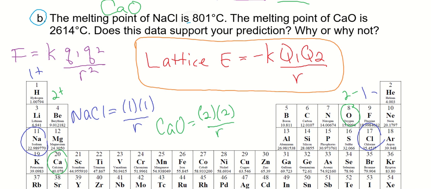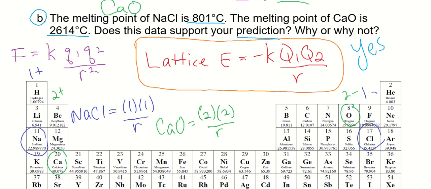Part B says the melting point of sodium chloride is 800 degrees Celsius and calcium oxide is 2600 degrees Celsius. Does that support our prediction? Yes, it does, because the melting point of an ionic compound is directly related to the electrostatic force, as well as the lattice energy.